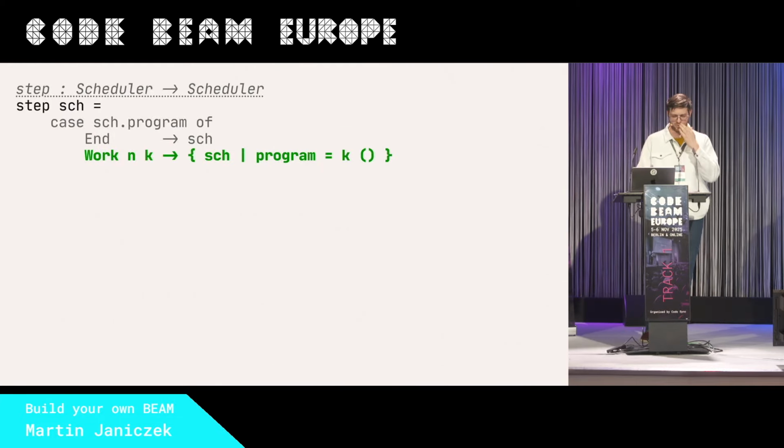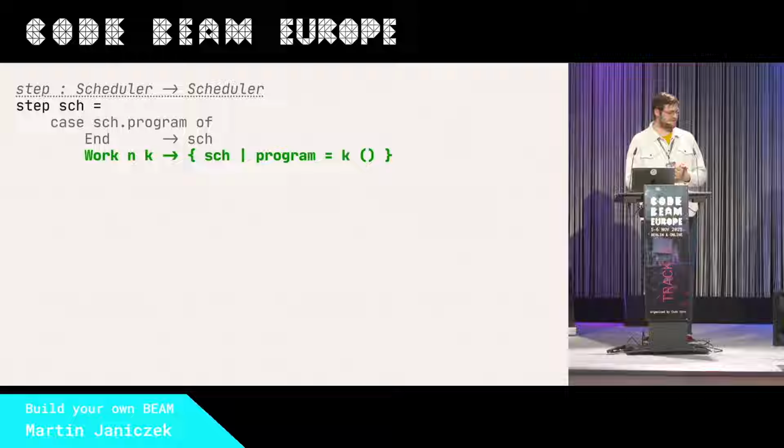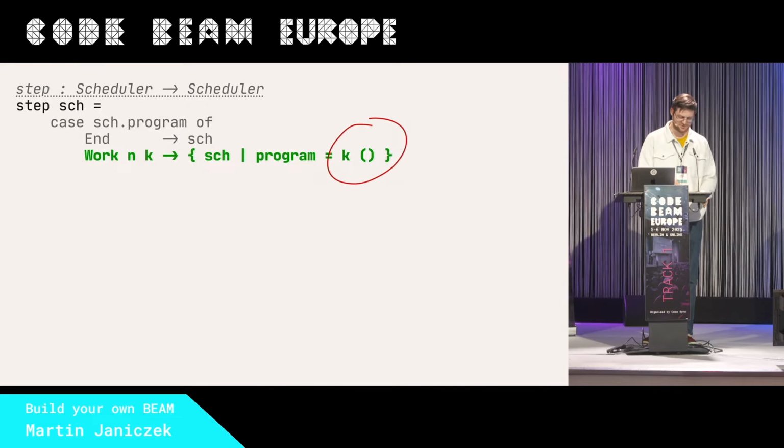Now we have a new instruction to implement, and for now we don't have to do anything about it. We can ignore the integer, ignore how much work it is, say it's done, and use the continuation to get the rest of the program.